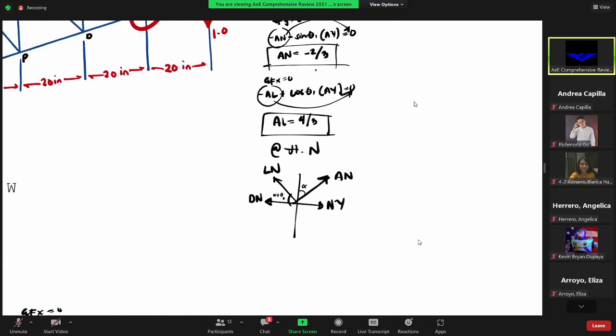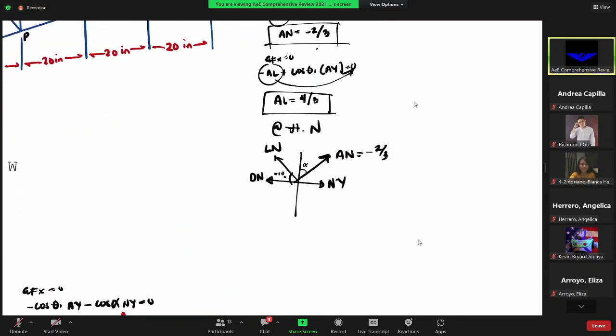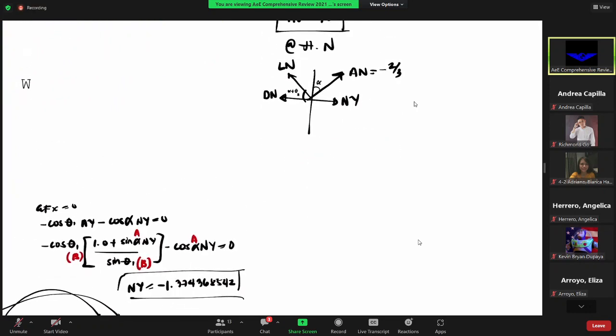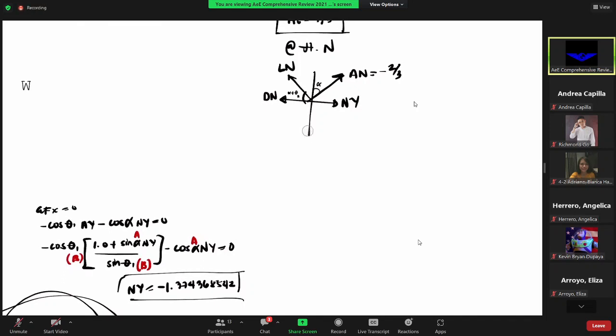Okay. So AN is negative 2/3. NY, no, anong NY? Ayan, negative 3.74. So summation forces X, Y pala muna para makuha ang LN. Summation forces Y is equal to 0. So ito yan guys. That is sine alpha plus theta sub 2 plus cosine alpha AN is equal to 0.